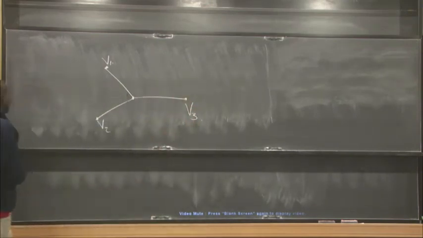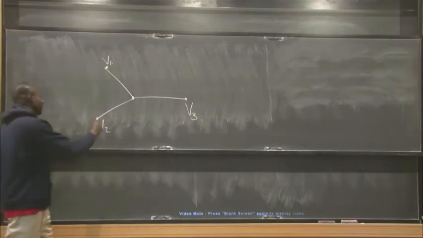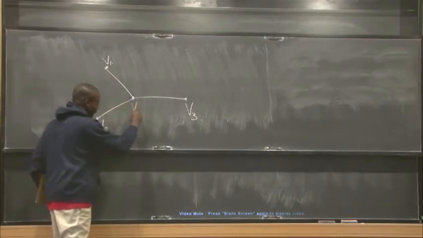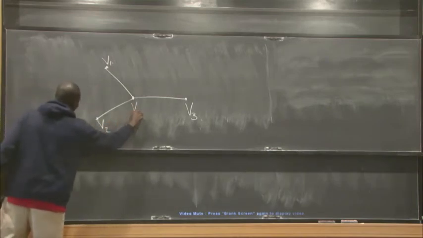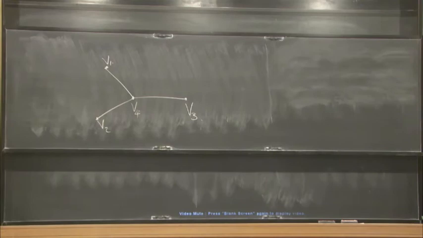Vertex 3. The basic idea is that the adjacency matrix, an entry ij being 1, indicates that there's an edge between vertex i and j, and an entry ij being 0 indicates that there's no edge between the vertices.